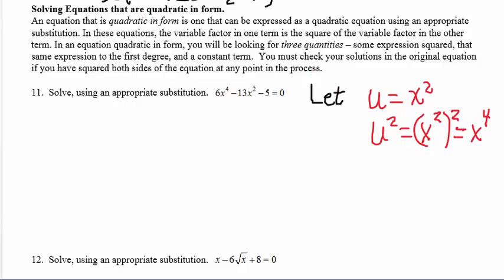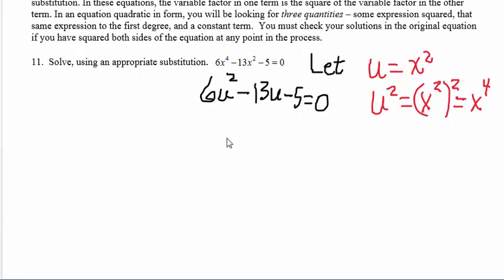So whenever I see an x to the fourth, I can write u squared. So this is 6u squared minus 13u minus 5 equal to 0. So I'm able to rewrite the equation as a second degree equation using a new letter. So I make it look like something familiar and I solve it.